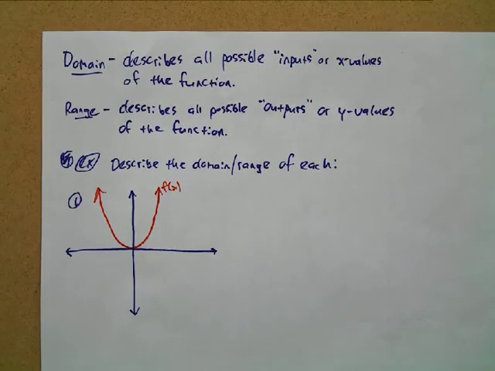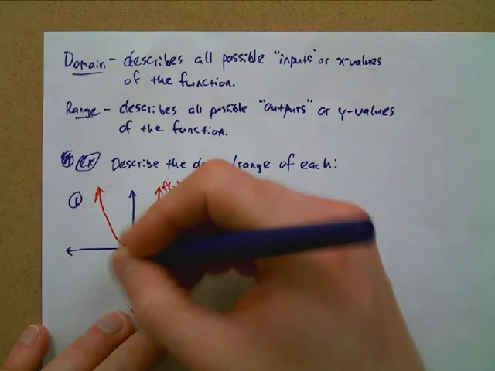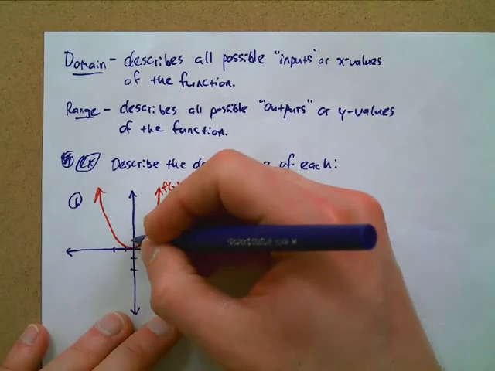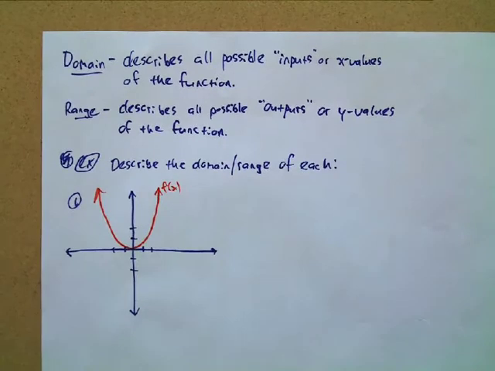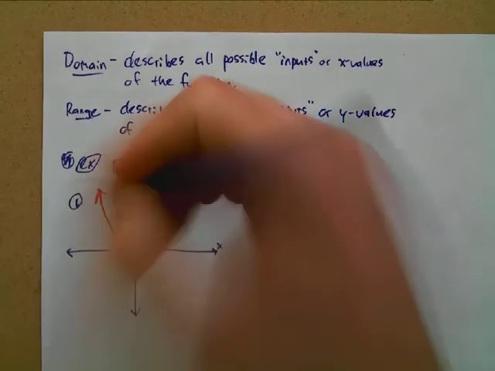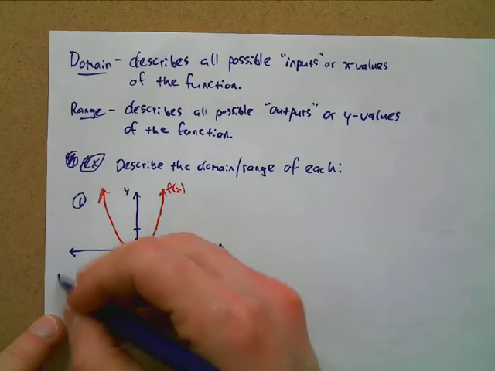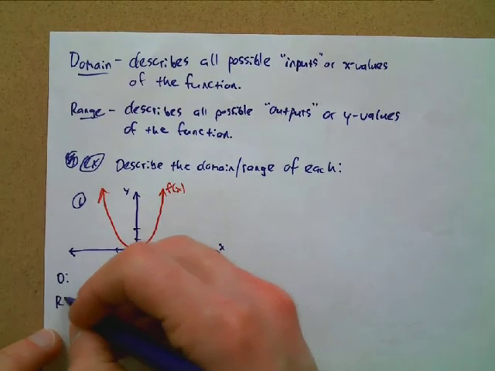If you want to put little tick marks in, you can, but it's not really necessary here because we're not going to need them, I don't think. You can pretty much get the idea. Again, we're going to do the domain and the range, and I'll just abbreviate with a D and an R there.